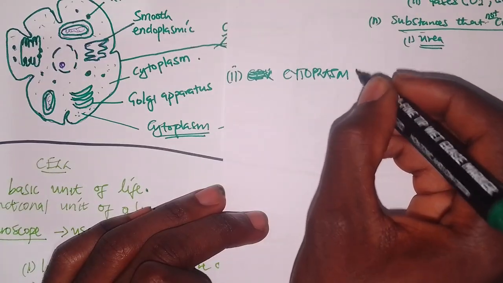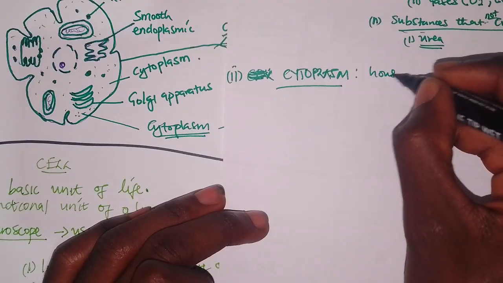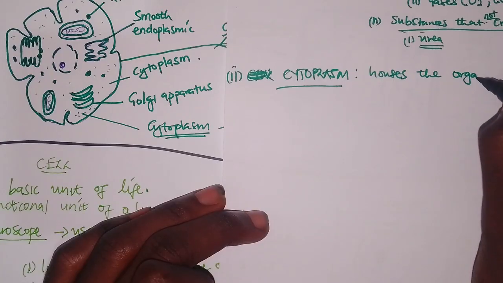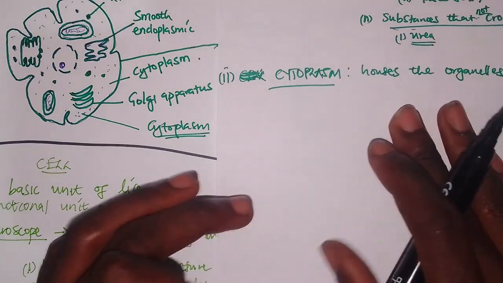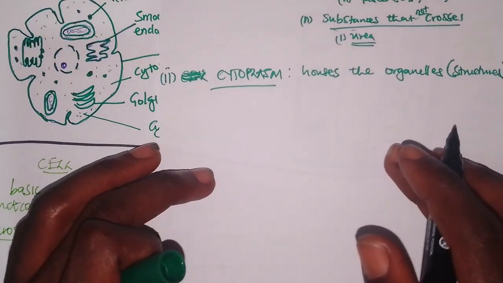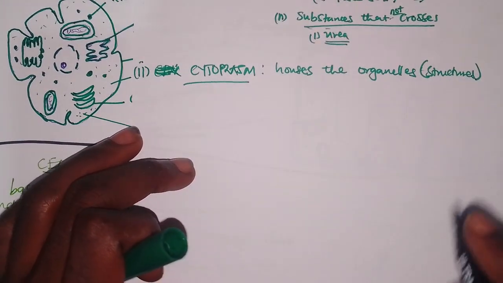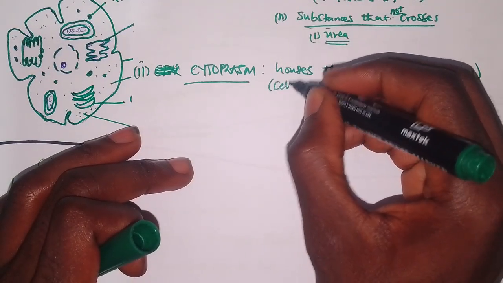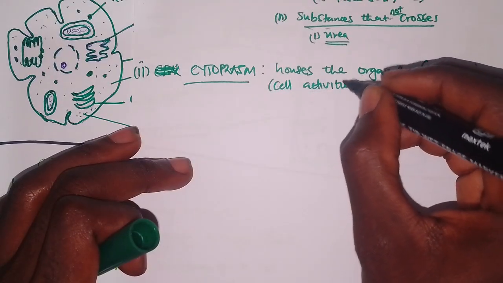The cytoplasm houses the organelles or structures, and this is where cell activity occurs.